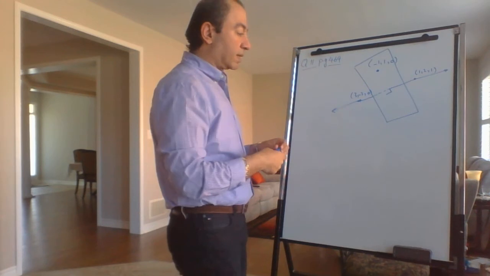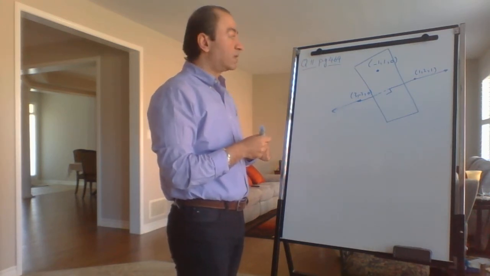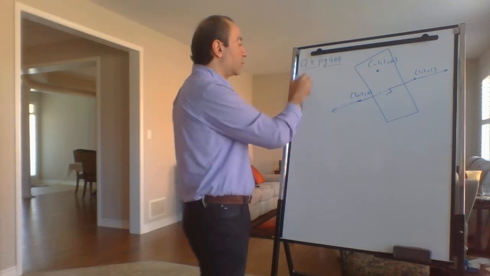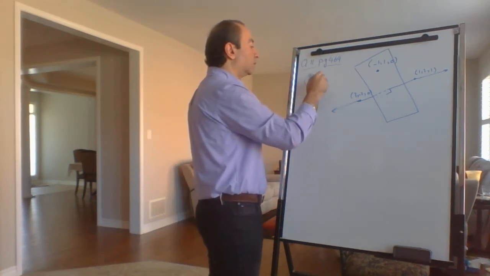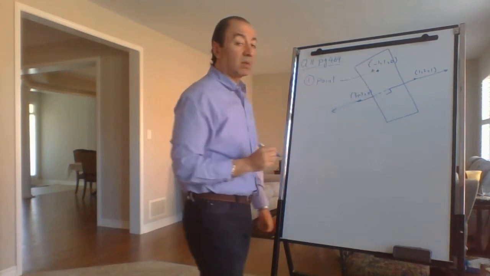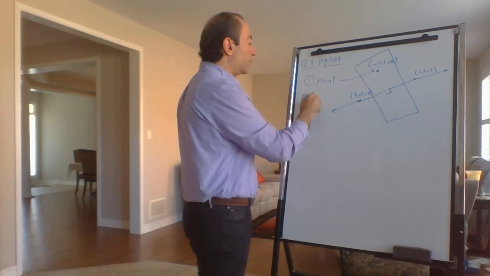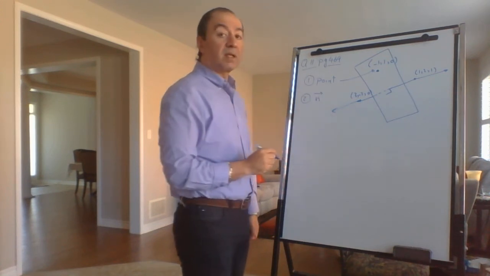So as I said yesterday, in order to find the Cartesian equation of a plane, we need two things. One, a point on the plane, and this is no problem, we have a point on the plane. And the second thing is a normal vector, a vector that makes 90 degrees on the plane.